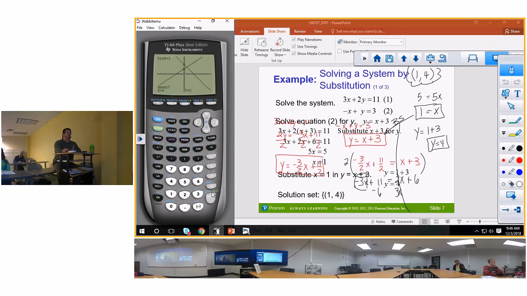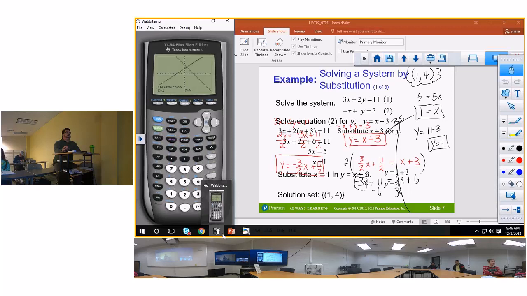And then after you hit enter, it's going to say, where's the guess? So the reason you use guess, there it is right there, is to kind of narrow the calculations down to one point so the calculator doesn't have to take time doing the whole thing. So you put the guess right about there and hit enter. And there is your intersection, 1 and 4.